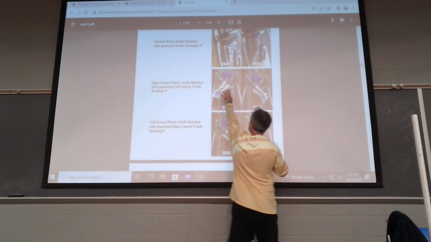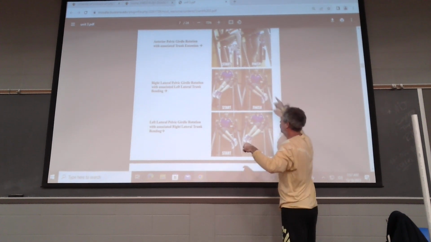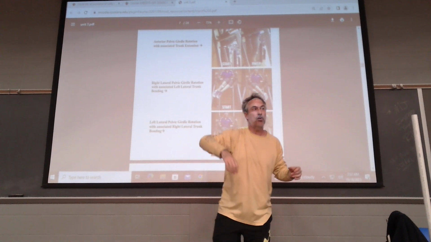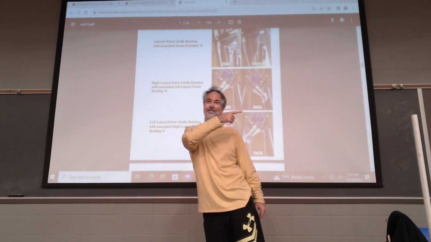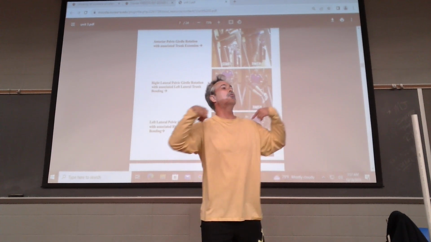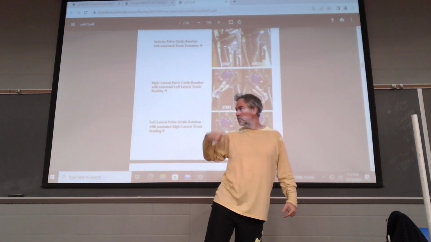So if your pelvis starts here and you do this, that would be right lateral pelvic girdle rotation. But your trunk went from bending back to the right to bending back to the left. So that would be left lateral trunk bend. Using our clues, when I'm here, right shoulder is closer to my right hip.